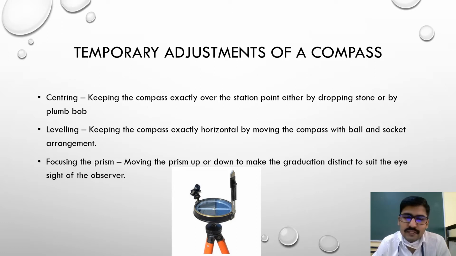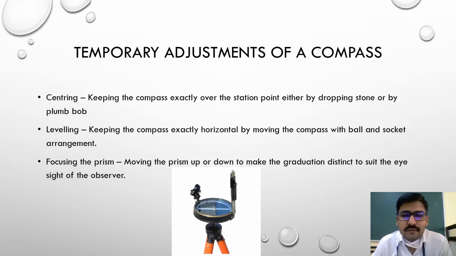So only temporary adjustments are sufficient. It depends on what level of accuracy you need. Based on the level of accuracy you want for your work, you can decide whether to carry out the work with temporary adjustments alone, or have the equipment checked once for permanent adjustments.